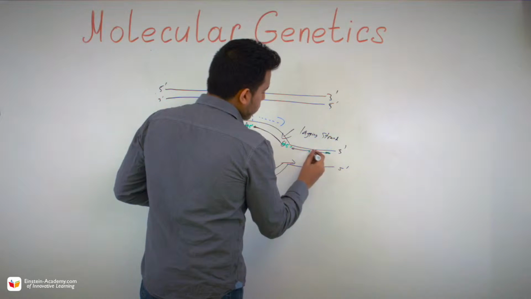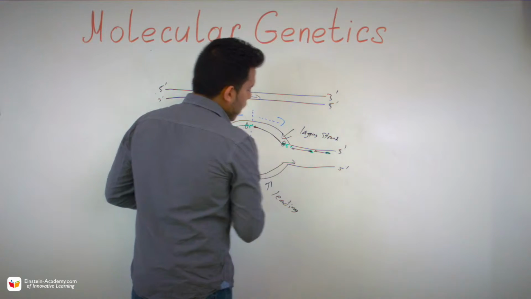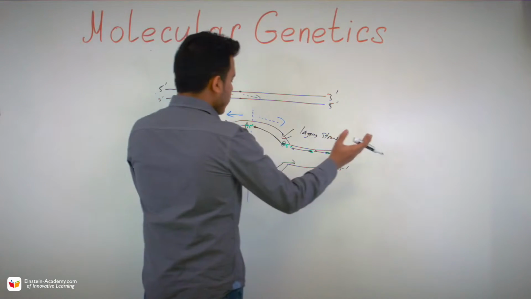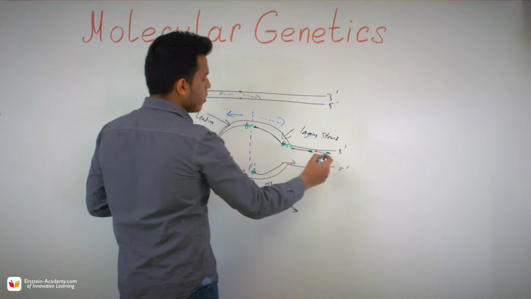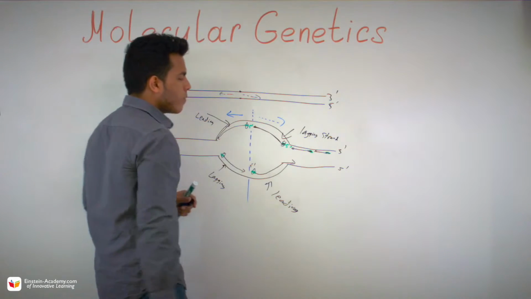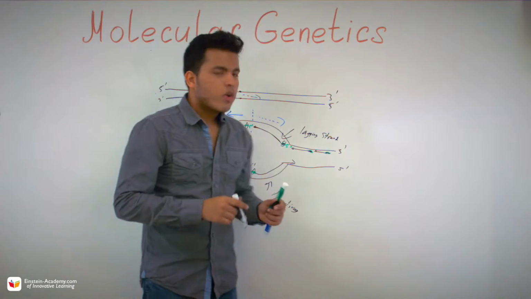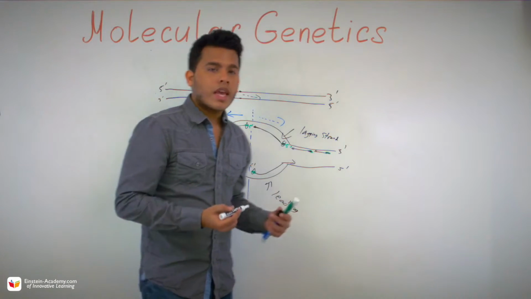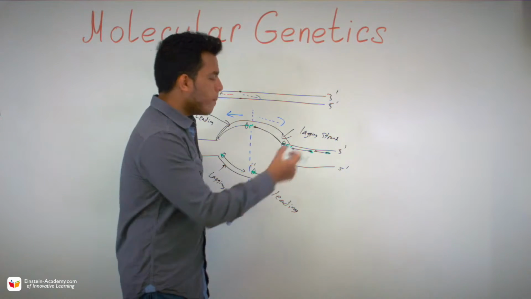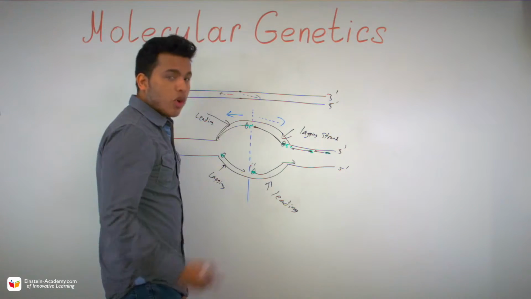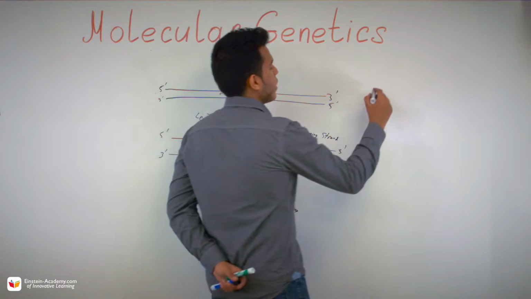But we have these Okazaki fragments. Here we have one nice fragment, but here we have multiple fragments. What are we going to do? Right now they're kind of broken apart into a few pieces. We have to ligate them together so we have one nice strand. So you need one final enzyme called DNA ligase.